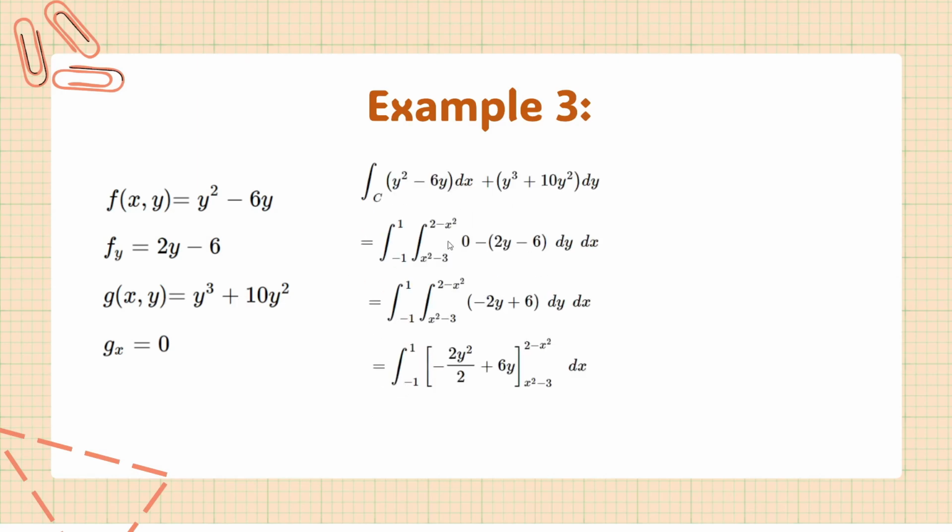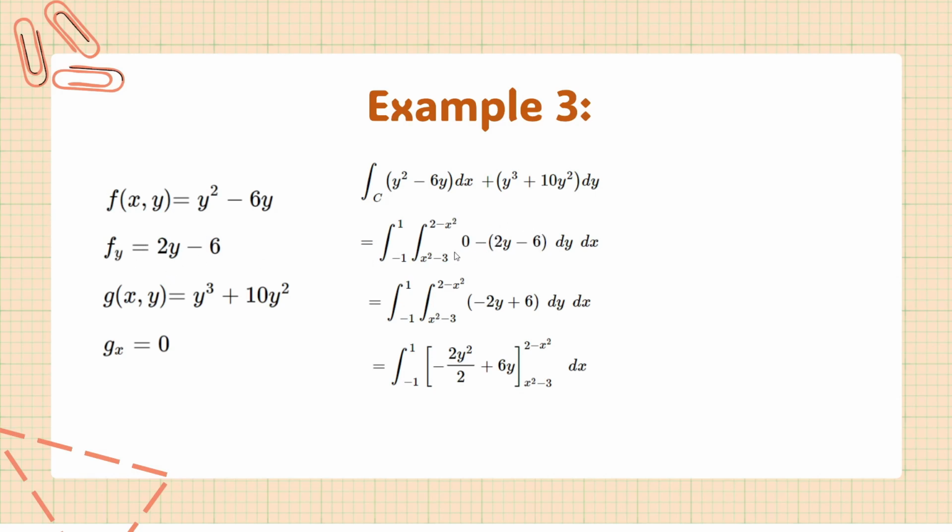For the integration, we put all the boundaries inside the double integral. Then we integrate y first, then we integrate x. And inside here we can see 0 minus 2y minus 6. The 0 is del g del x and the 2y minus 6 is del f del y.